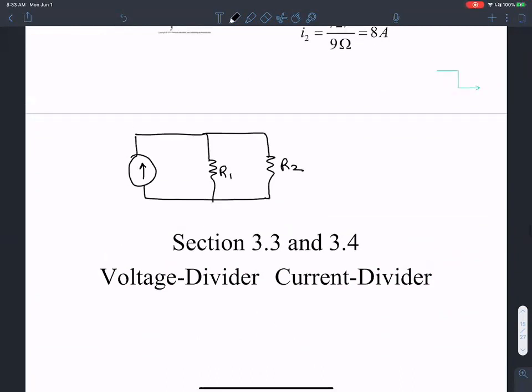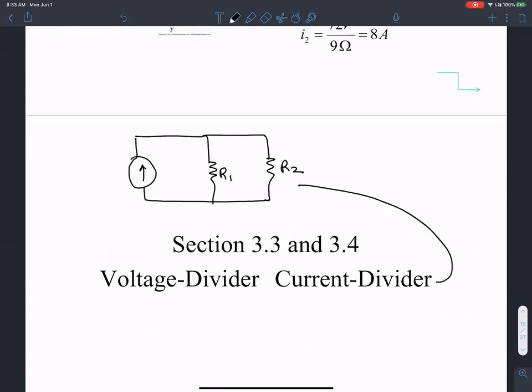I'm talking about a simile, an analogy for current divider. So think of resistance as being similar to the number of stop signs along a road. Think of electrical resistance as the number of stop signs or signals.